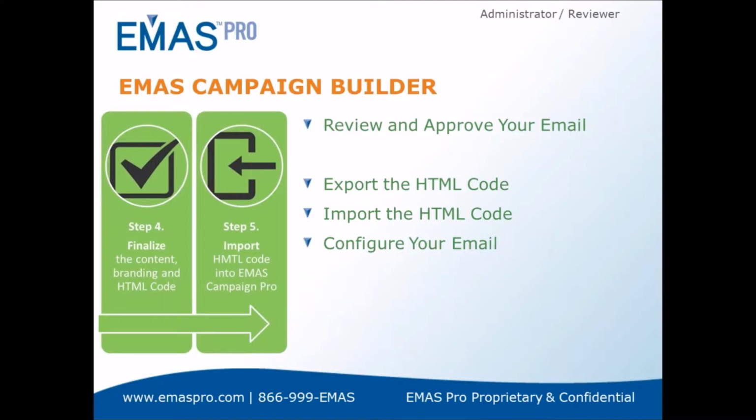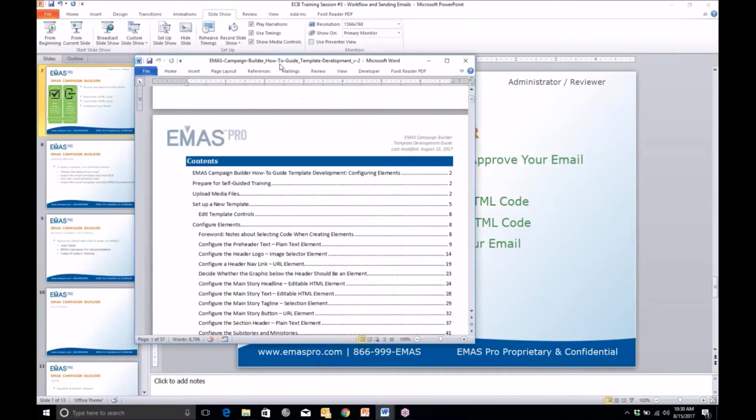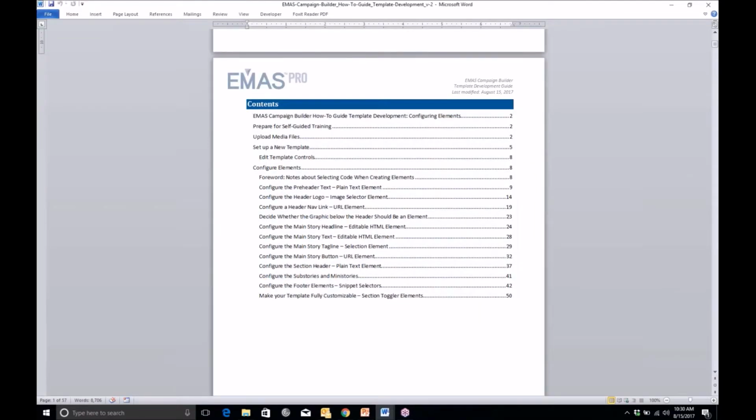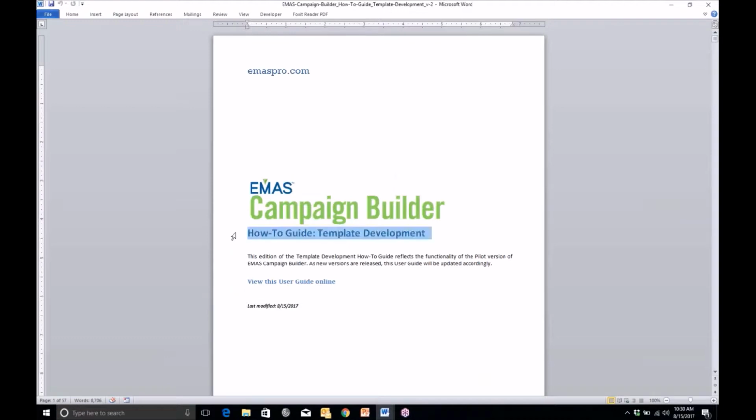Can we go into a little bit more editing? That's what I would say. Editing? Yeah, absolutely. And as we do this, Alicia, are you good to go? Mm-hmm. Okay, great. Just as a reminder, the editing is based on a different user guide. This is now the how-to guide template development, and Alicia's going to take you through the next steps.